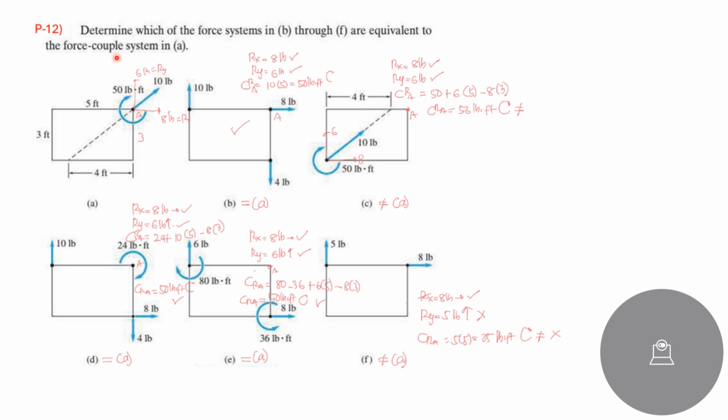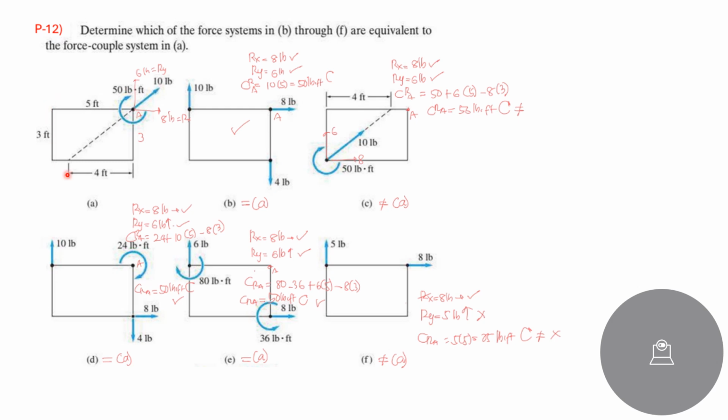Now, we resolve 10 pounds into its components, so it would be Rx 8 pounds rightward, where 8 pounds is 10 times 4, because this is a 3-4-5 triangle, so the hypotenuse is 5. So 10 times 4 over 5 is 8 pounds, while 10 times 3 over 5 is 6 pounds.